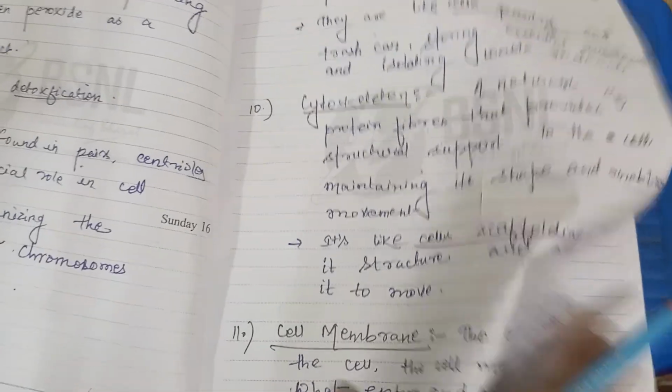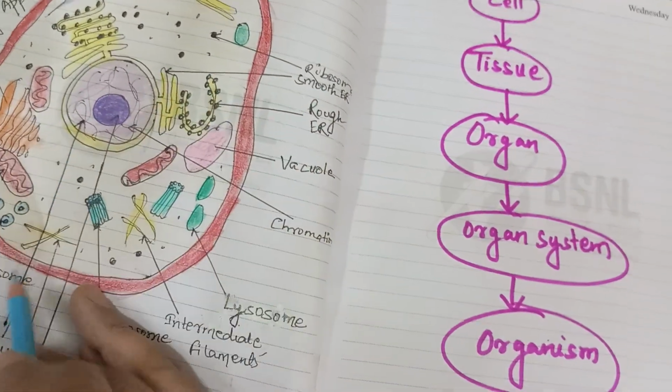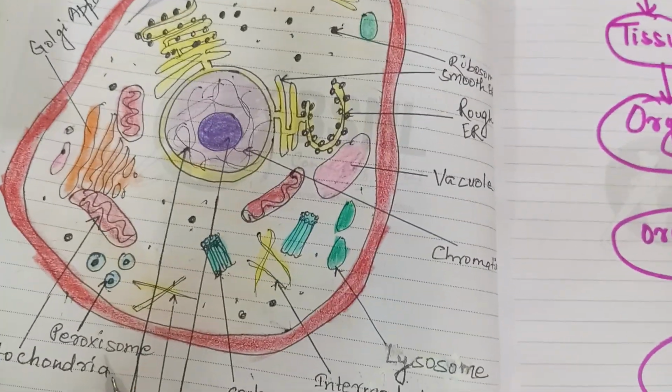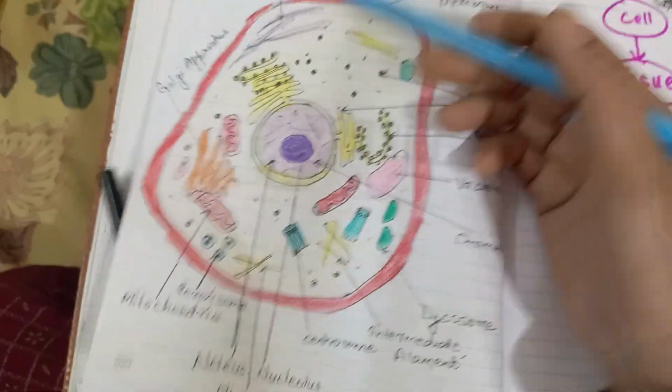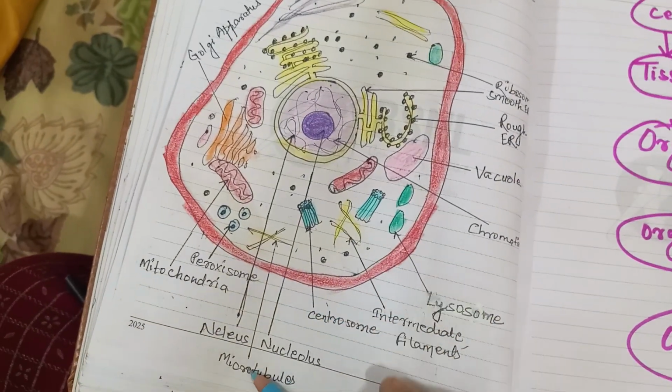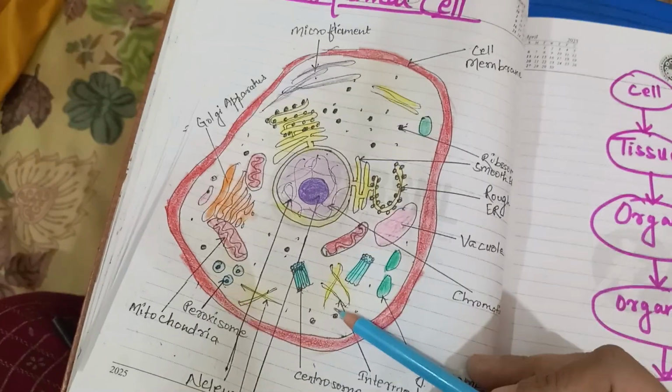Okay, now our next organelle that we need to discuss is cytoskeleton. So in the cytoskeleton, there are three components. One is microfilament, and the other ones are microtubule and intermediate filament.